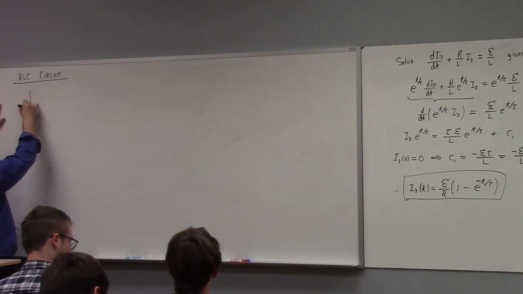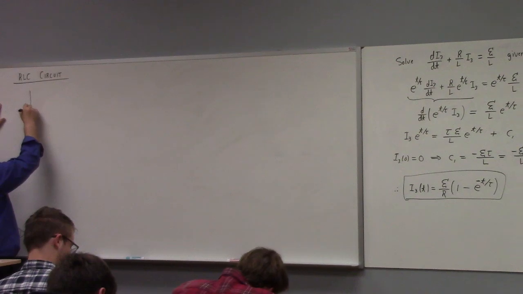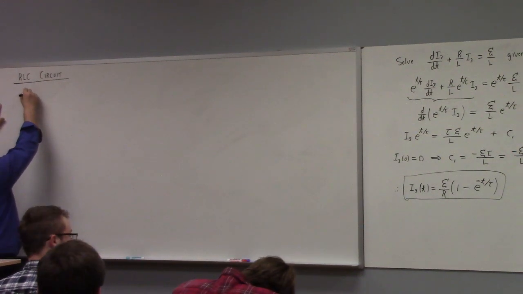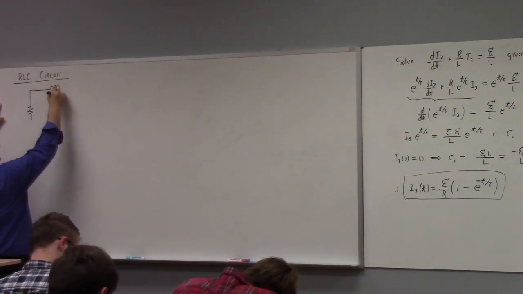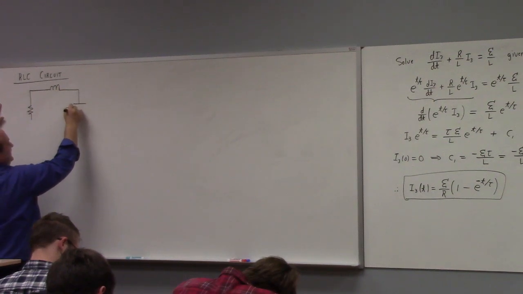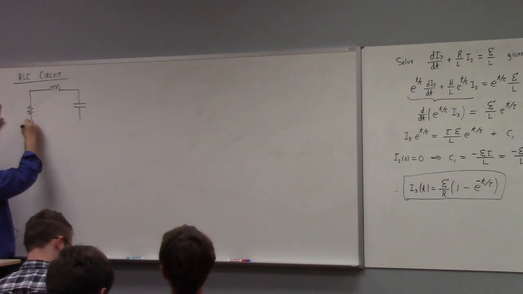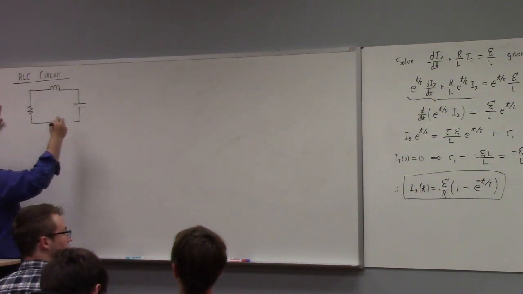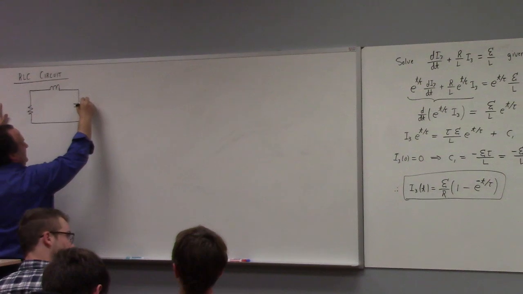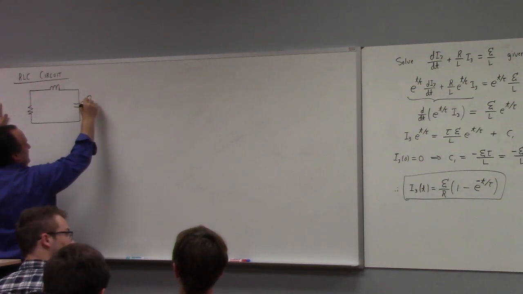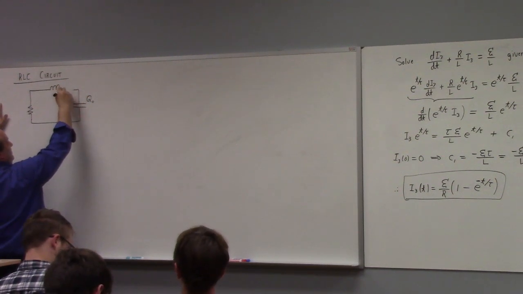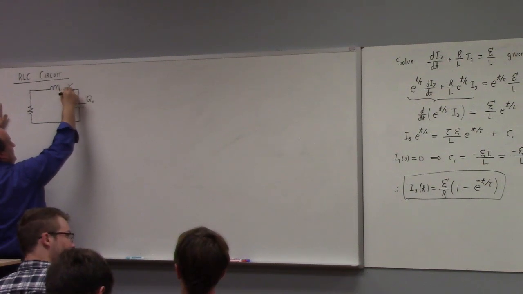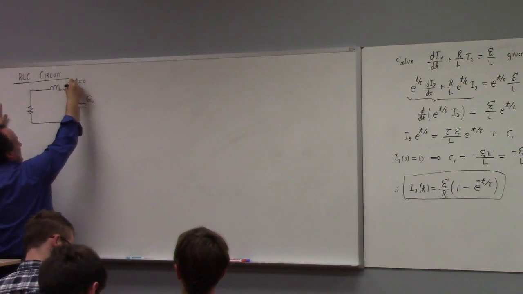Suppose you've got a resistor, an inductor, and a capacitor, okay? And that might be all you have, right? And then you could do something like initially charge the capacitor up with charge Q0, right? And then you close the switch at t equals 0 and see what happens.